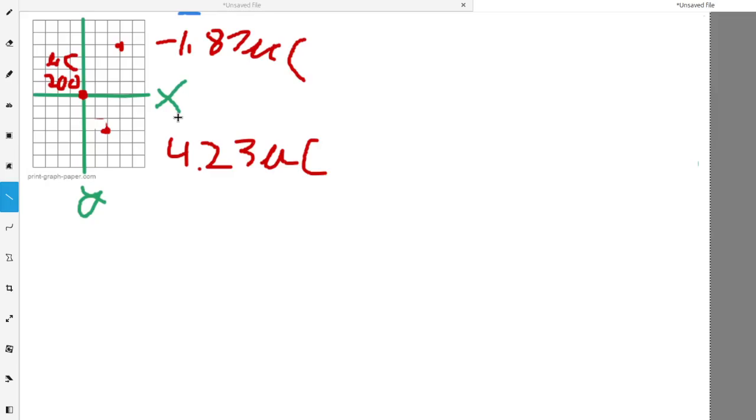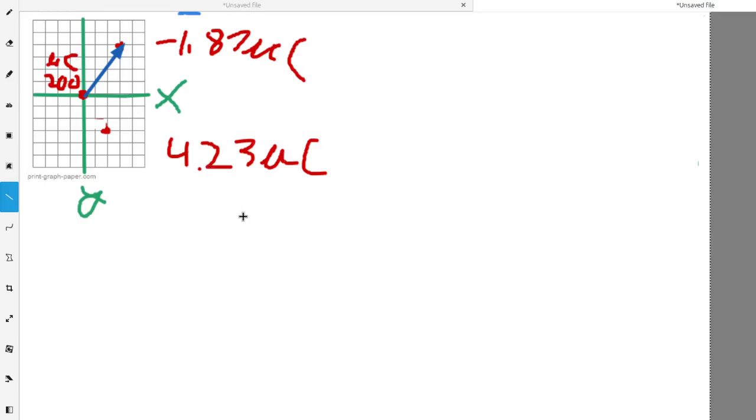Now, we define the force on the origin. We have a negative charge here and a positive charge at the origin. Is the force going to be going towards the origin or away from it? It's attractive, so it's going toward it. This negative 1.87 microcoulomb charge is pulling this way.